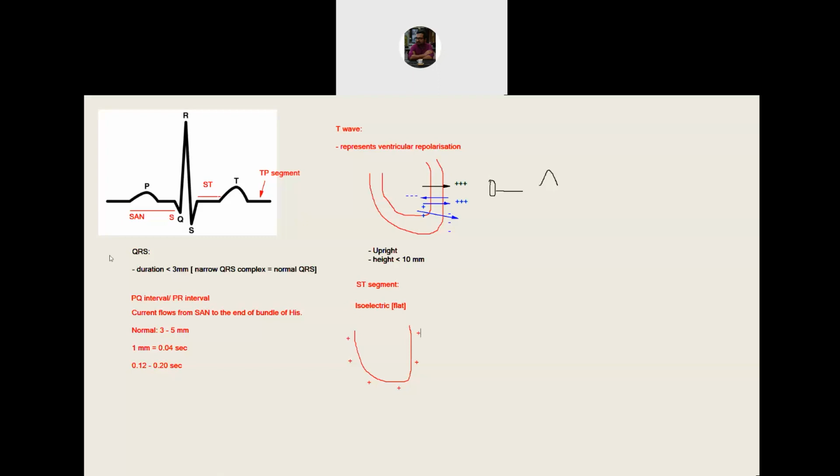So during the ST segment, the whole ventricle is depolarized. Electrical potentials all over the ventricle are the same, so there is no potential difference. As there is no potential difference, there is no flow of current. As there is no flow of current, the line becomes isoelectric, neither deflected upwards nor deflected downwards. That is why the ST segment normally should be isoelectric. Is this clear to everyone?